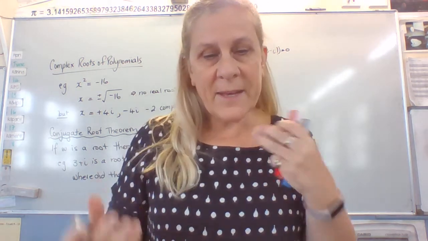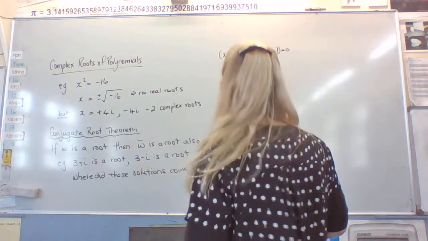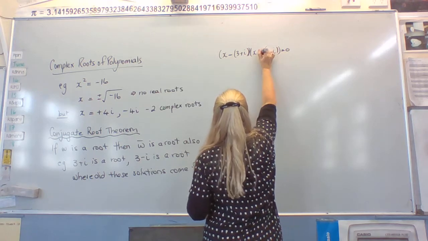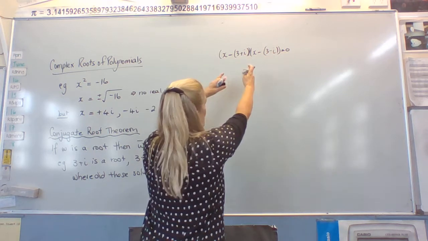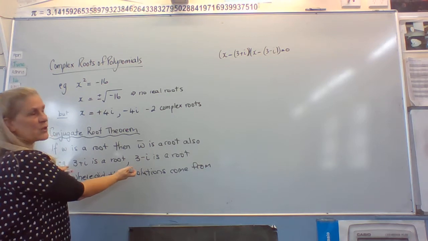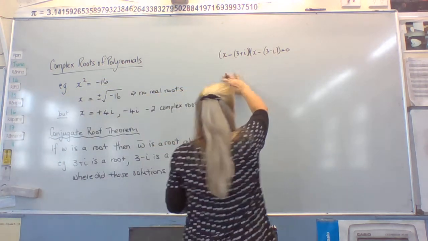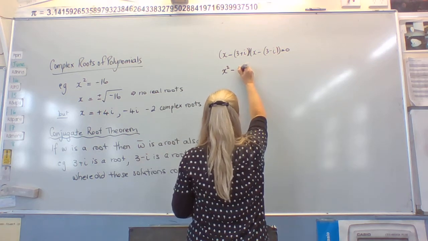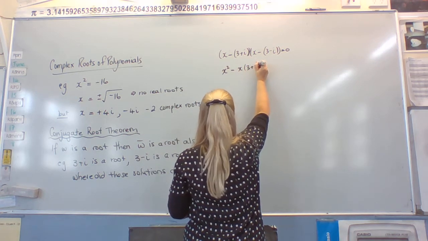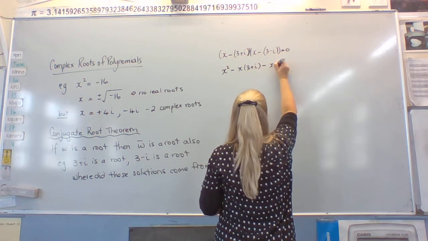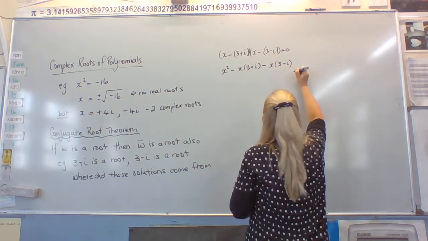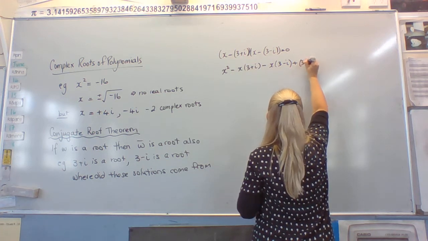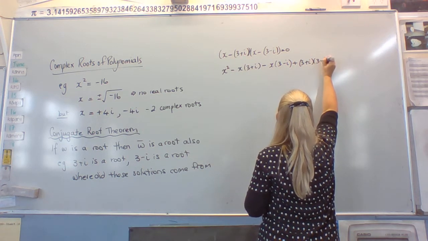Those should be minuses because they're not negatives, they're positives. So if we're going backwards, we need to multiply this out. We're going to get x squared minus x times (3 plus i) minus x times (3 minus i) plus (3 plus i) times (3 minus i).